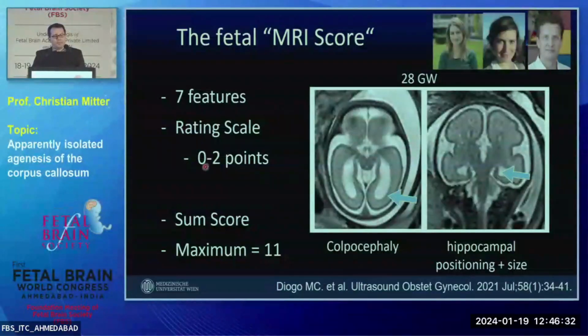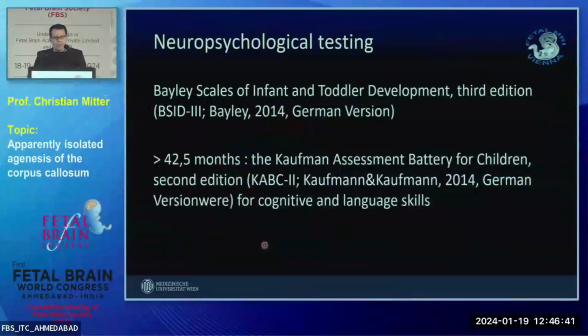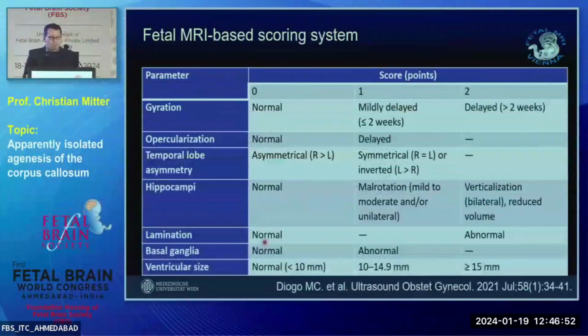You rate each on a scale of 0 to 2, sum it up, and the maximum score would be 11. We then correlated our score with neuropsychological testing for cognitive function, motor function, and language function. And this is our scoring system. It has, as you see here, 7 features, and we will now go through all of them. So I will show you how to score those.